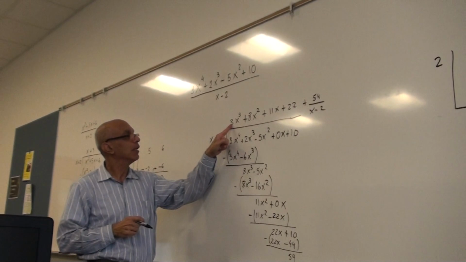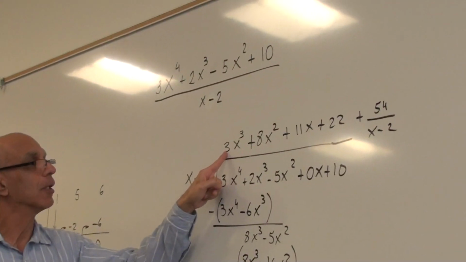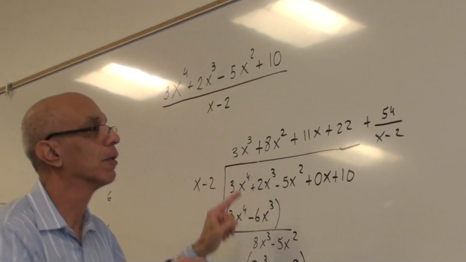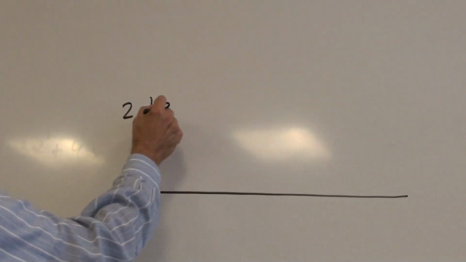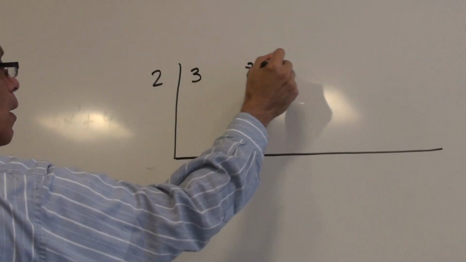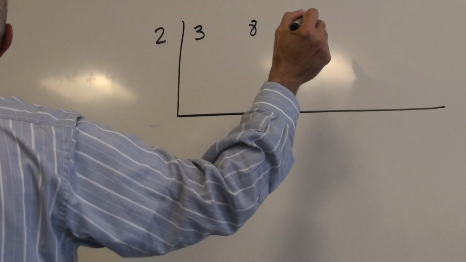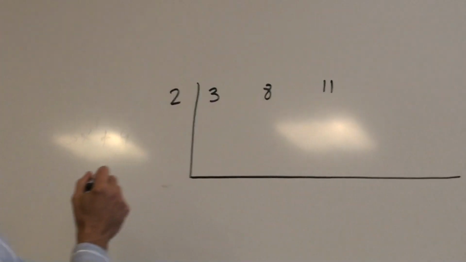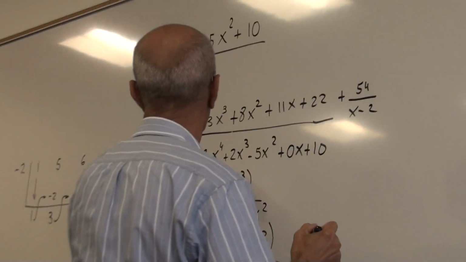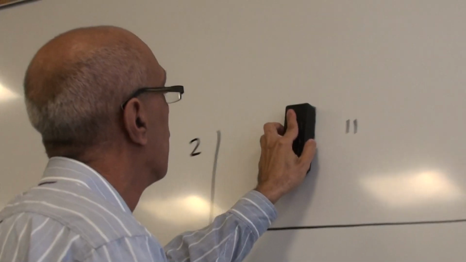Now I'm going to pick the coefficients here, right? What is the first coefficient? 3, 8, 11. Oh, no, it's not here, it's here. Right? That's the answer, right?